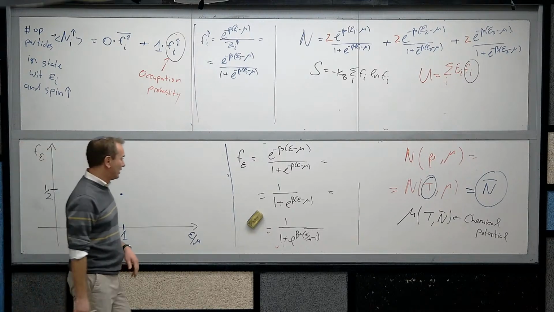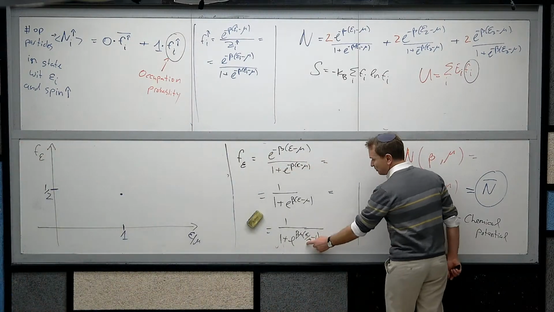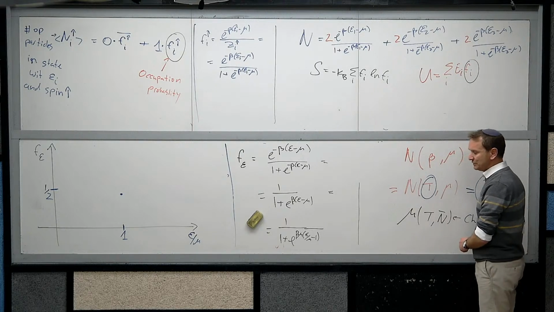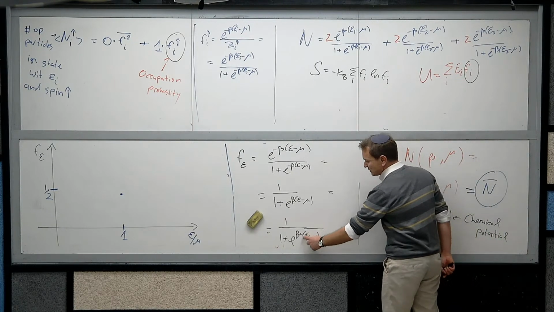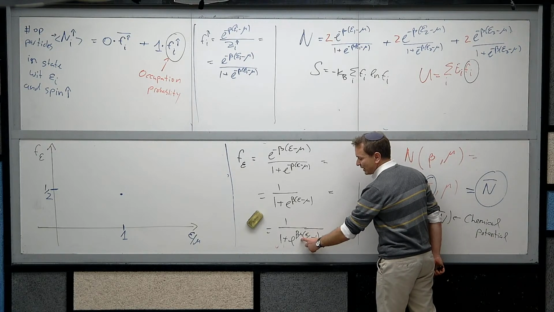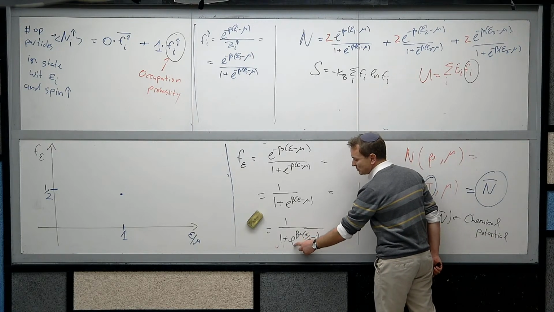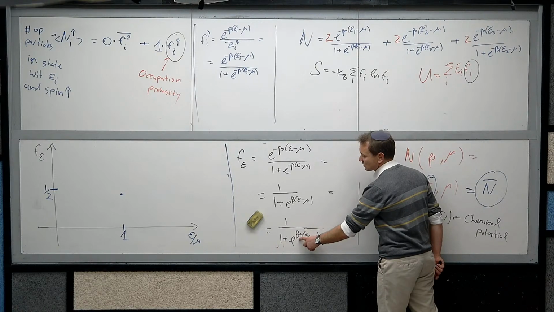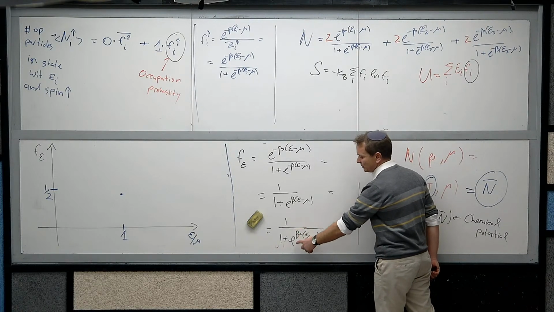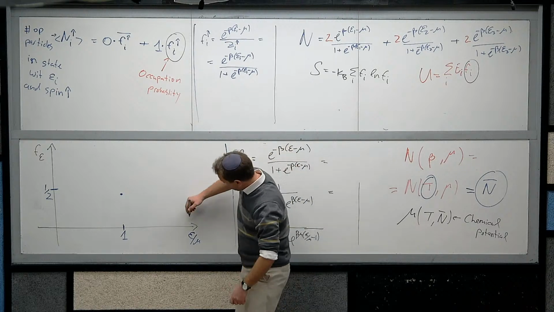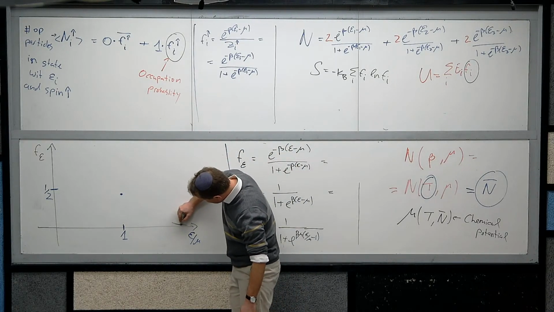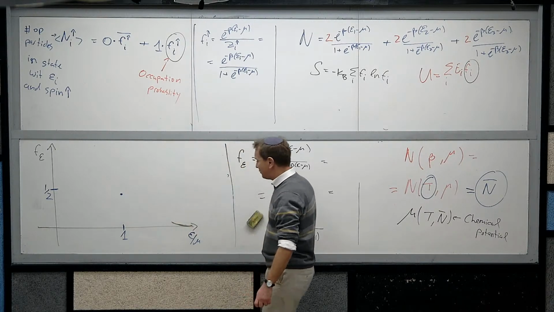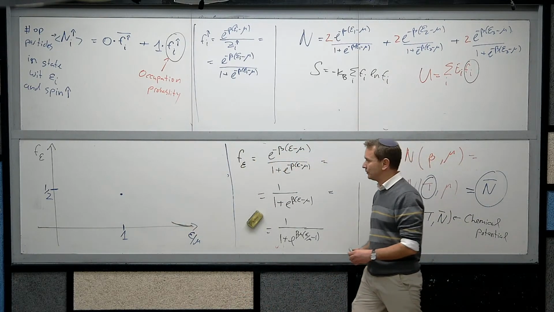Okay, now, when epsilon divided by mu goes to plus infinity, this is an extremely large number. So e to some large number is an extremely large number. So 1 divided by a very large number is 0. So we have a decay towards 0 for large epsilon divided by mu.